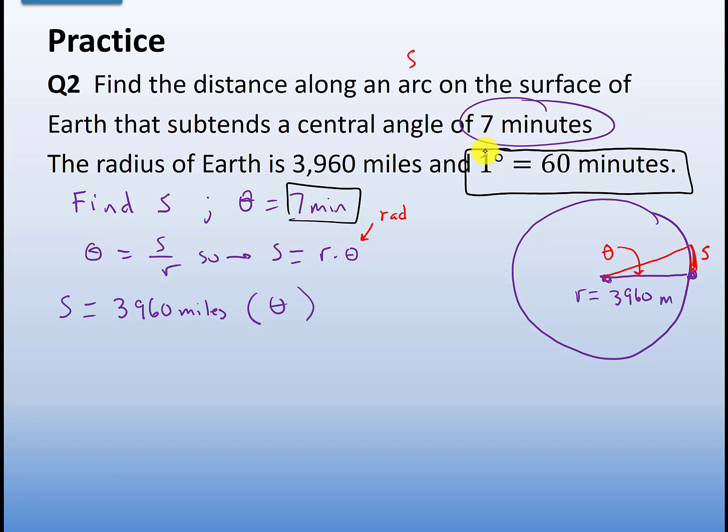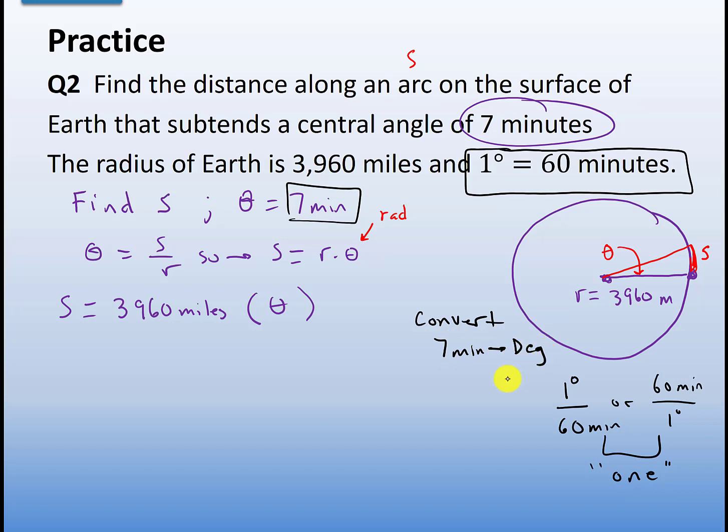Now we're going to use these conversion ratios because we can make these equivalencies: 1 degree over 60 minutes, or 60 minutes over 1 degree. These are both 1. They're weird ones, but we can use those as conversion ratios. So I want to convert 7 minutes into degrees, because if I have degrees, I know how to convert degrees into radians.